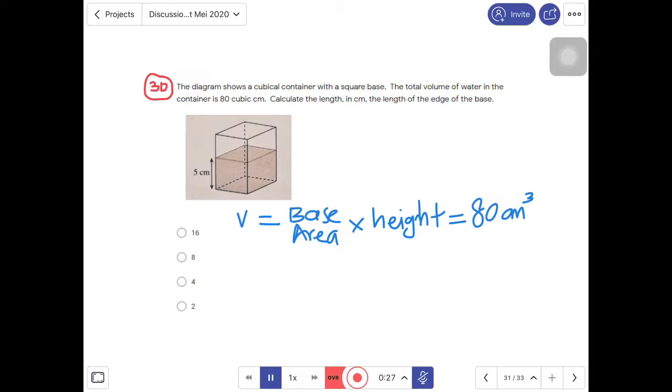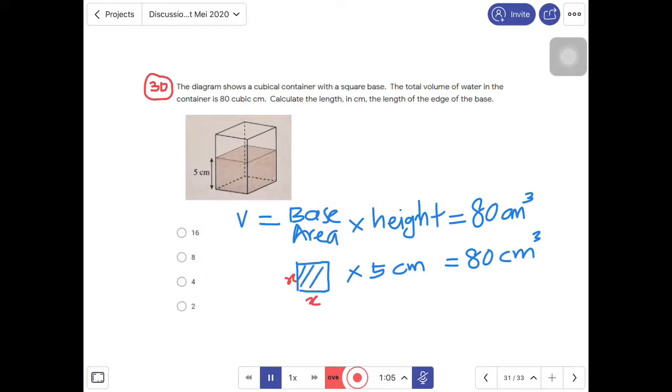So it's given in the statement the base area is a square, and let's say we give it as x. So the sides are all x. So base area multiply the height, and the height is given as 5 centimeter. When we calculate, it's given the volume is 80 cubic centimeter.